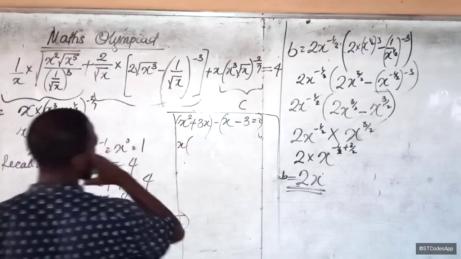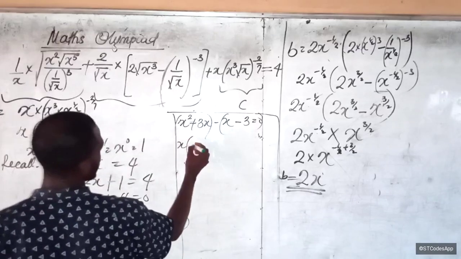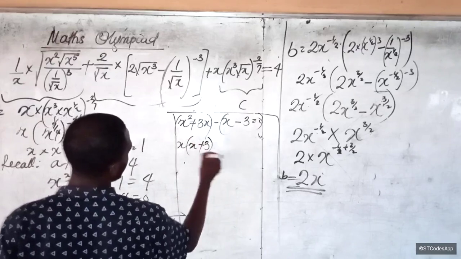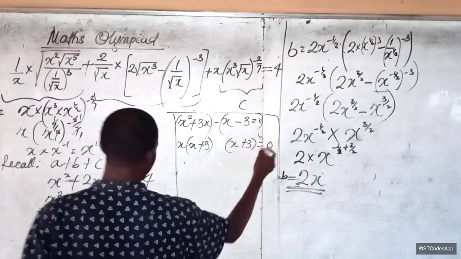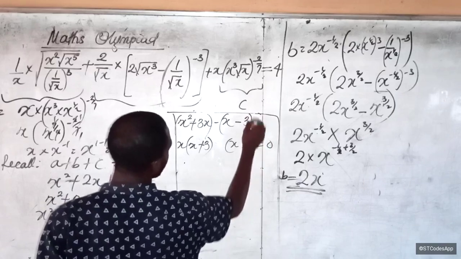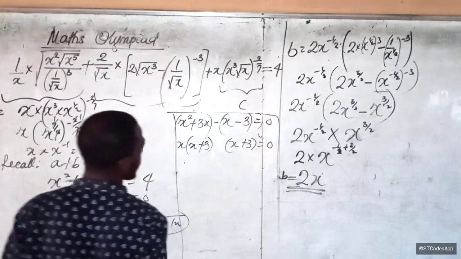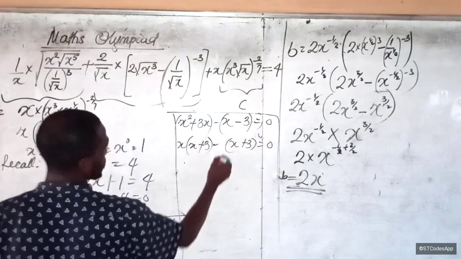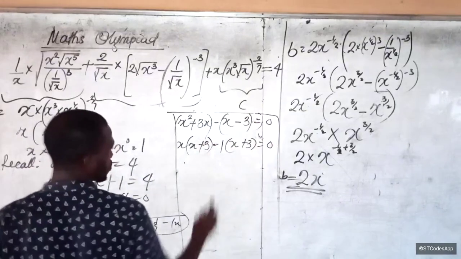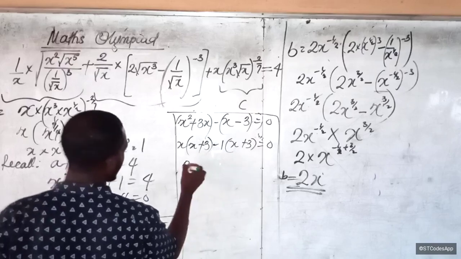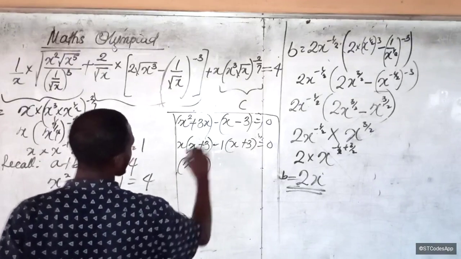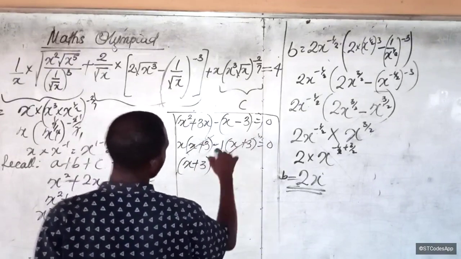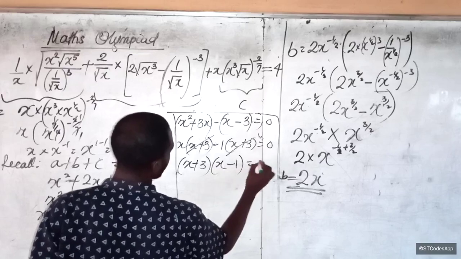So we have x into brackets, and what is remaining? x plus 3. So just replace x plus 3 here, is equal to 0. So just drop the minus and put 1 here, because what you have in this bracket is what you have in this bracket, provided you are factorizing correctly. So x plus 3 is common between x and minus 1. So it's equal to 0.